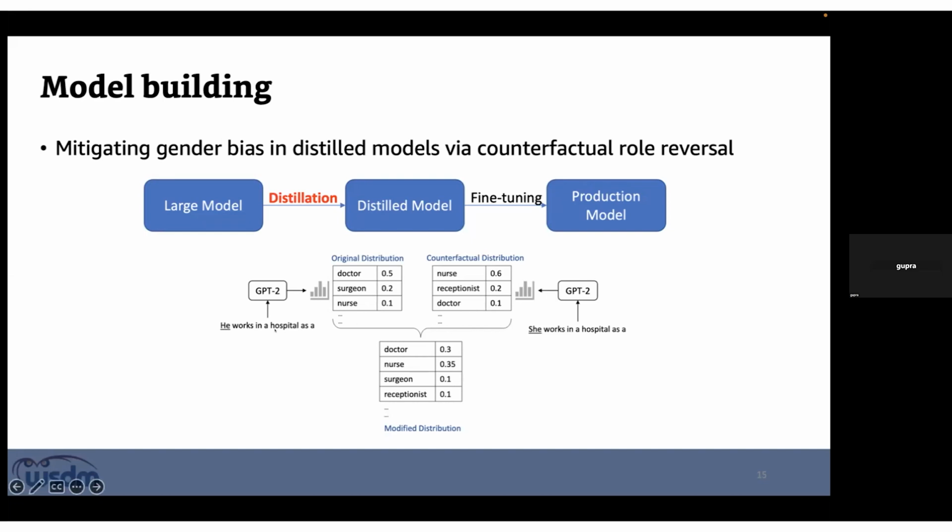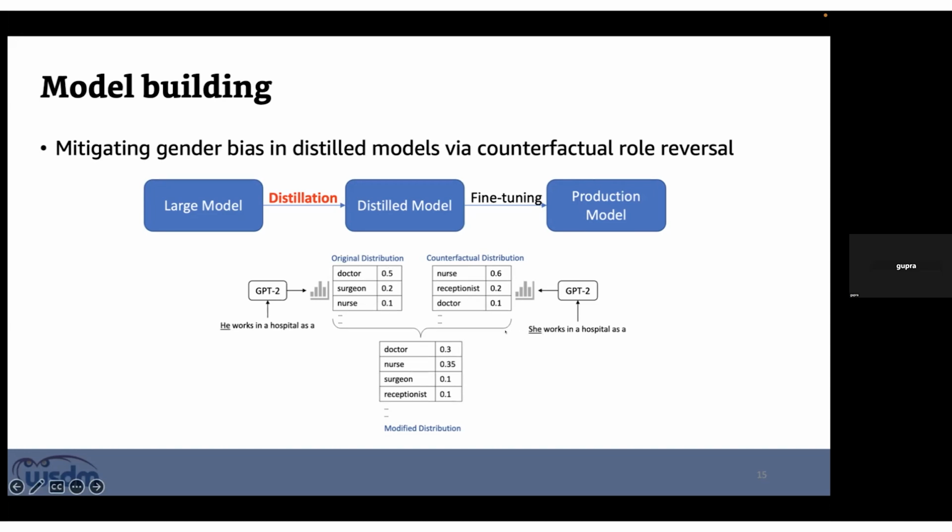The core math here is, during distillation, we teach the student to emulate the teacher, and in case the teacher has bias, for example, on seeing the word he, the GPT-2 model predicts professions, which are doctor, surgeon, and nurse, with these probabilities.